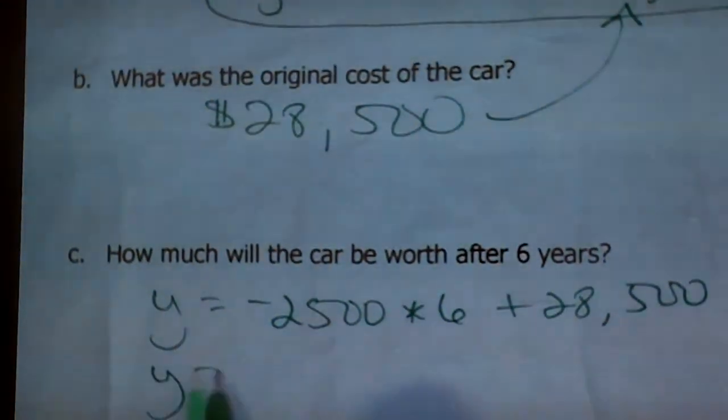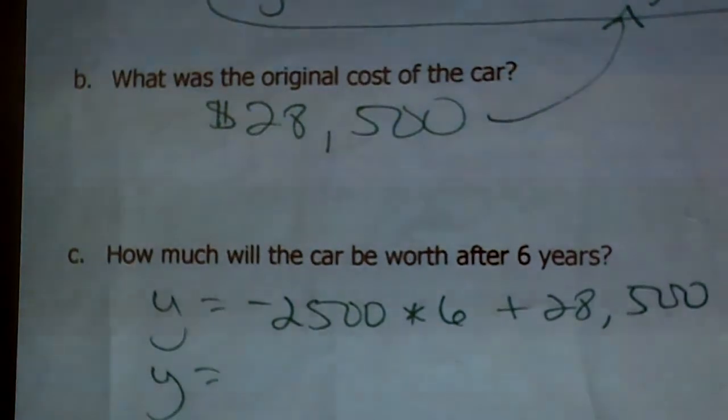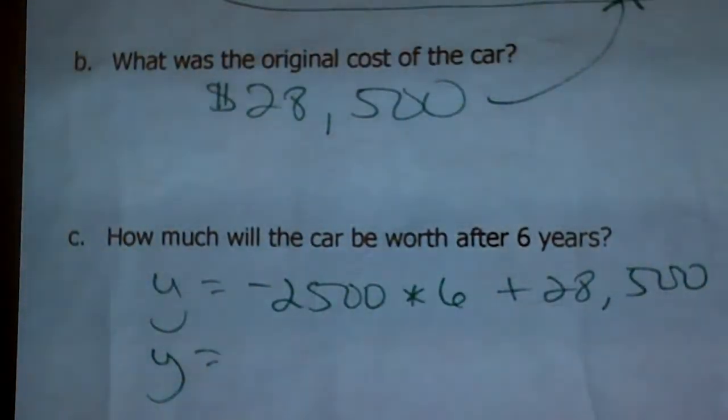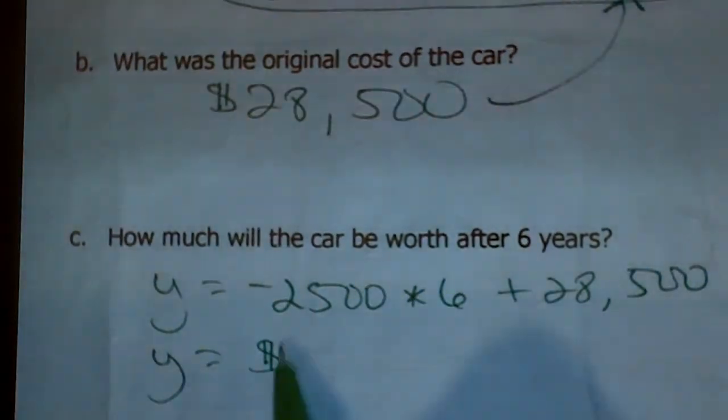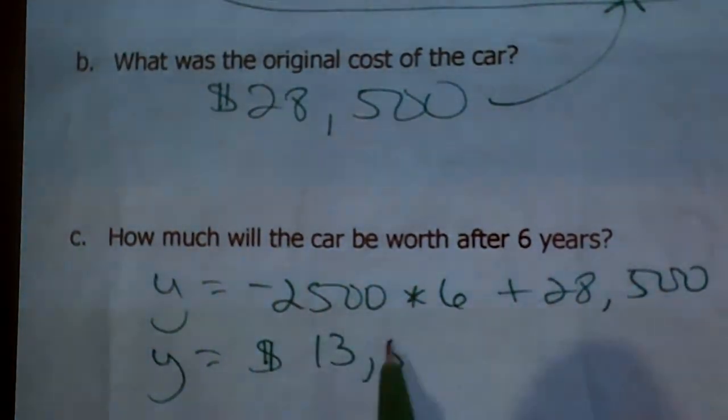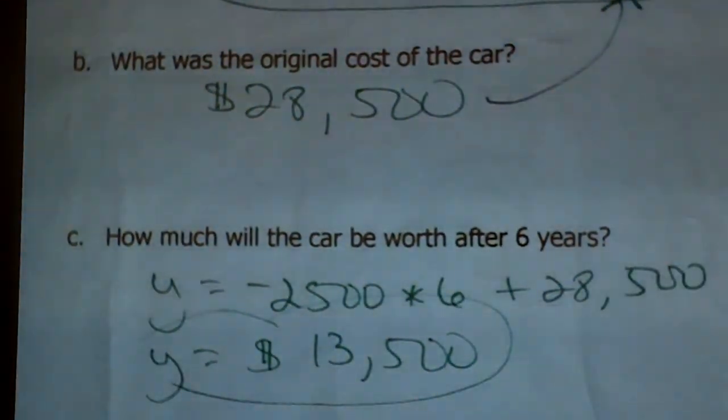So this, I would just plug it into my calculator, to be honest with you. Take negative 2,500, multiply that by 6, add $28,500. So that means if you spent $28,500 on your car, after 6 years, you can sell it for $13,500. All right, I'll see you tomorrow.